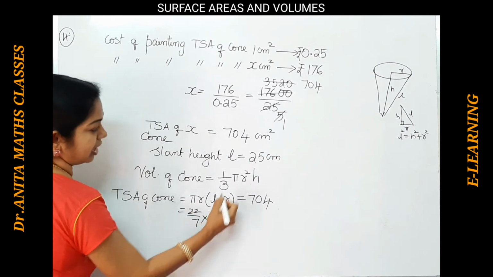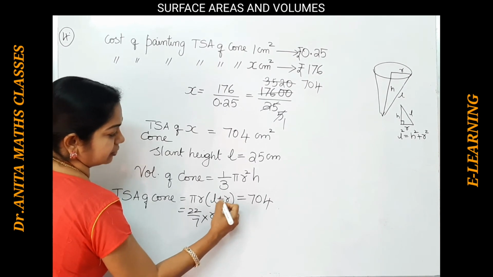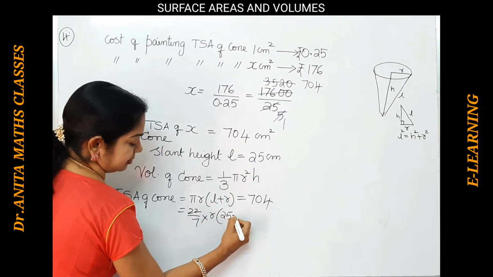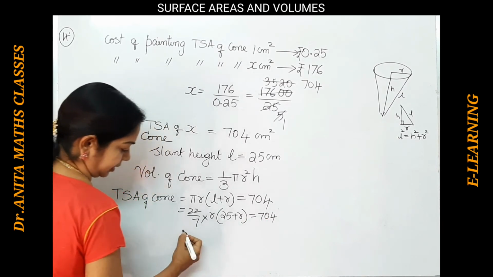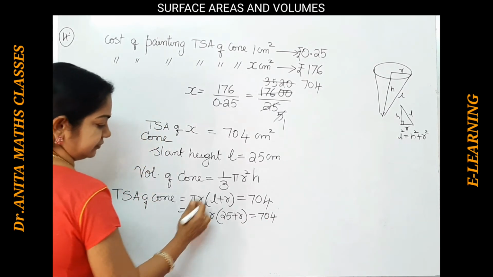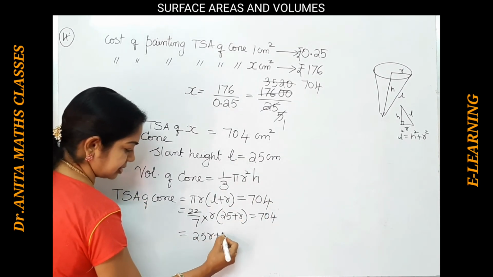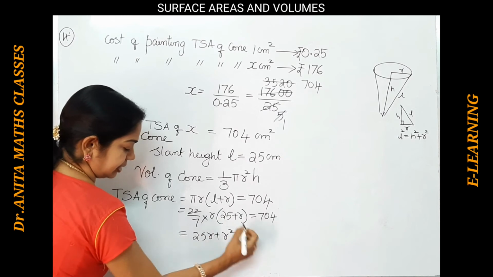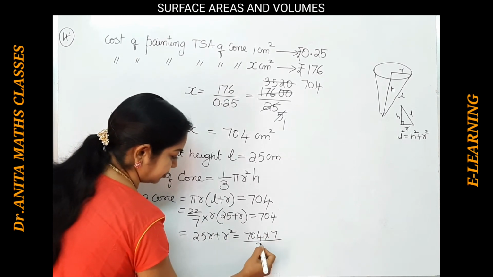22/7 into r value, we don't know, and here L value is 25, plus r is equal to 704. So this we will shift to the other side. This becomes 25r plus r square. If you multiply this to the other side, 704 multiplied by 7/22.